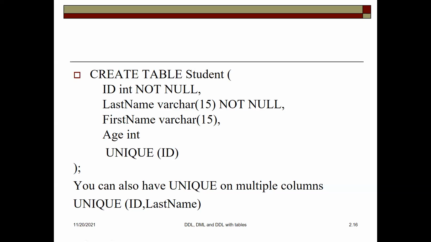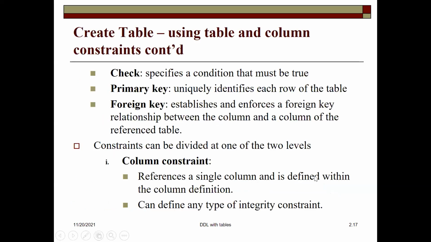So you can set ID to be unique. Unique can also be put on multiple columns. You can say unique ID last name, unique ID age, if it makes sense to you. You can set unique to be on multiple columns.